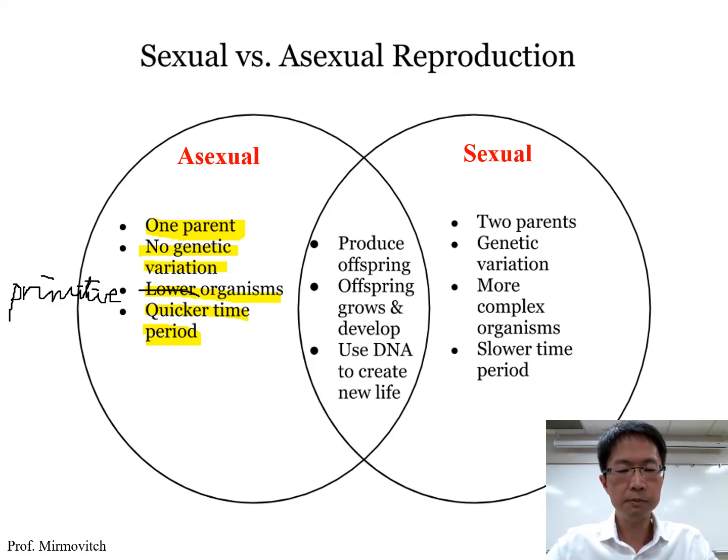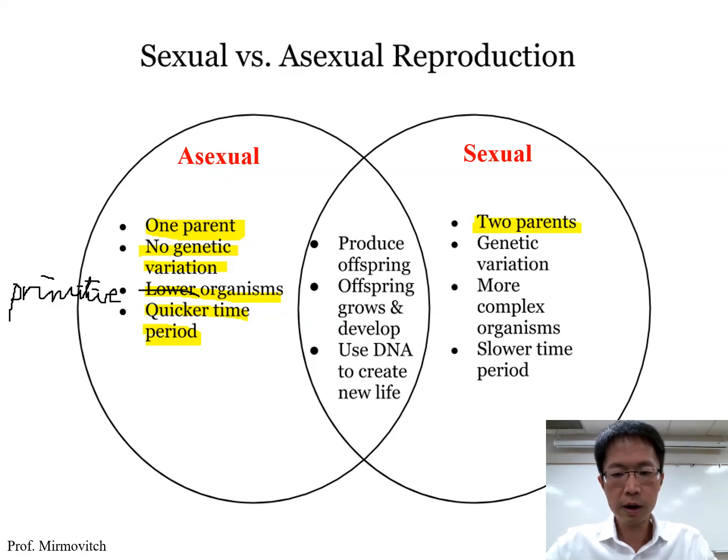Also, the duration of the reproduction, the mitosis, is also very fast. So the duration of reproduction is fast, and the maturation is also fast. So it is quicker time. So that's why asexual reproduction. Try to imagine a bacteria growing in your body. It is very fast.